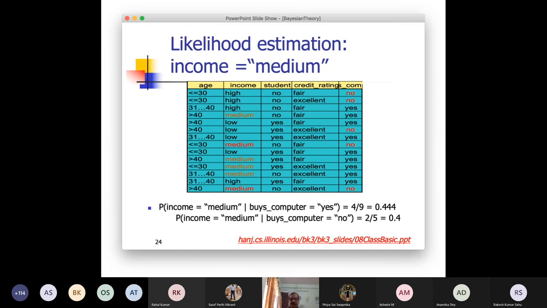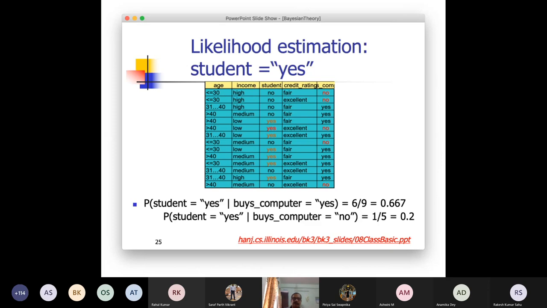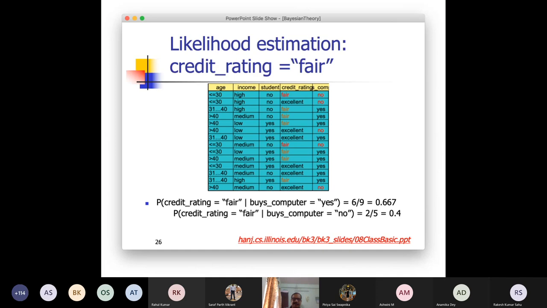So what fraction of time medium occurs when a person buys computer? That fraction of time is 4 by 9. Is it clear? Okay. So similarly for student and for credit rating also.